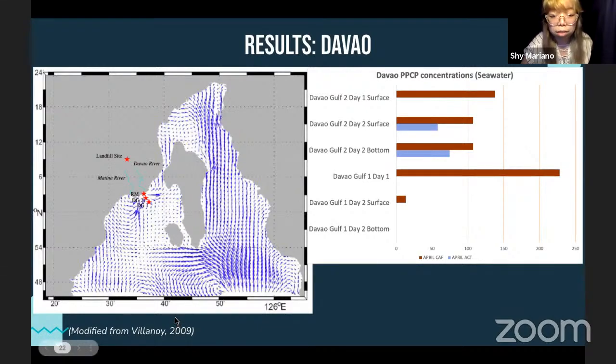This is a sea surface circulation modeled by Villena in 2009 for April in Davao, which is the same as our sampling period. We can see that if there is discharge here, it's being brought by the circulation back to the sampling site. So this could be contributing to our higher detections in the coastal areas compared to the streams.